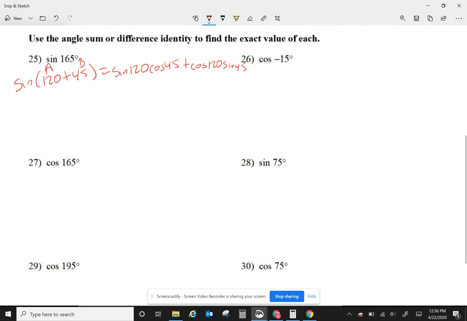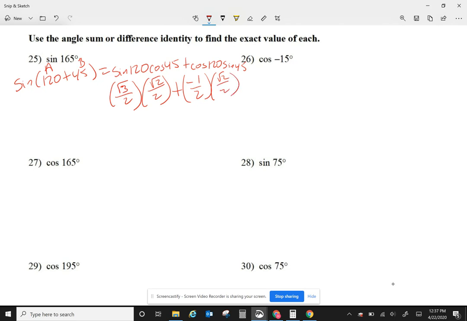All right, sine of 120. I'm using the numbers from my unit circle. Sine of 120 is radical 3 over 2. Cosine of 45 is radical 2 over 2. Plus, cosine of 120 is negative 1/2. Sine of 45 is radical 2 over 2.